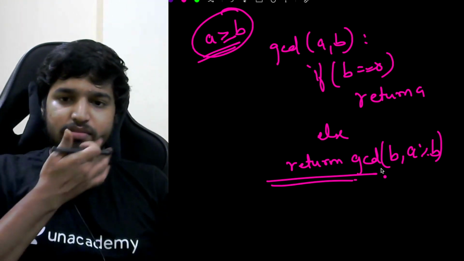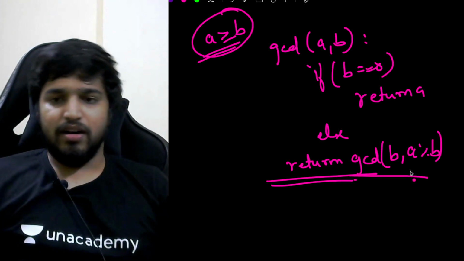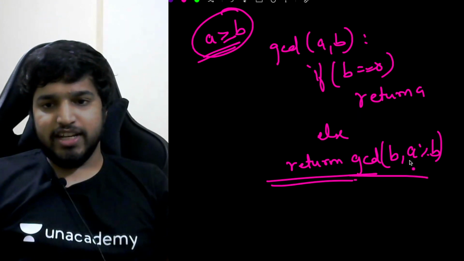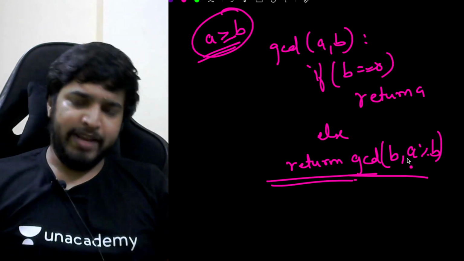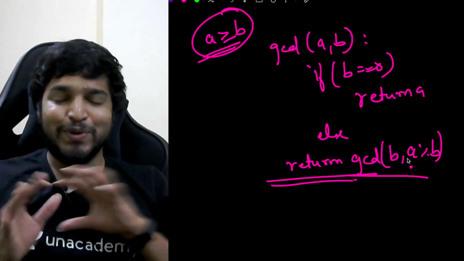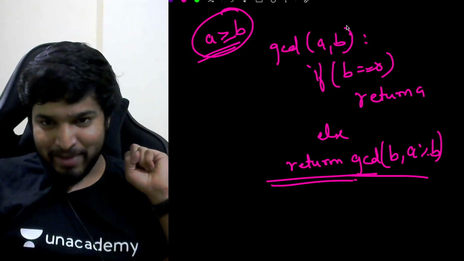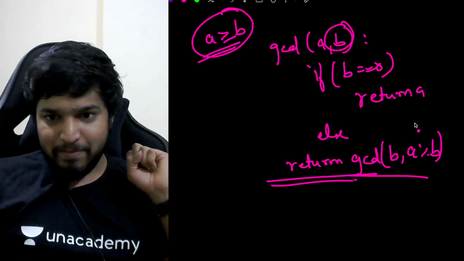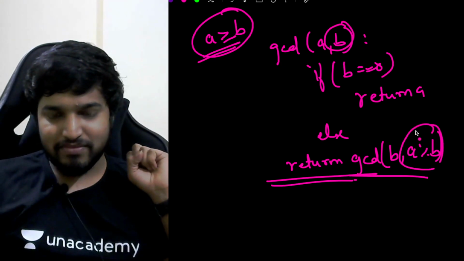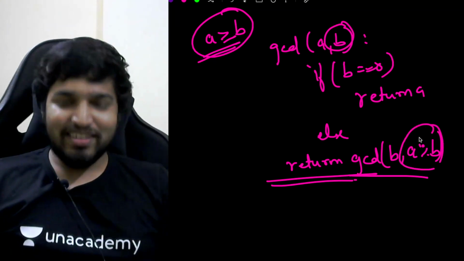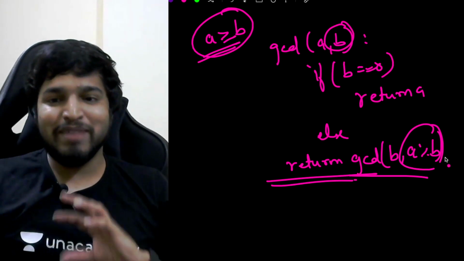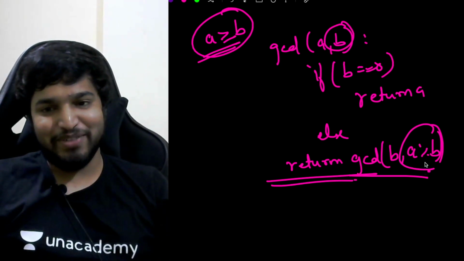Now, GCD of B comma A modulo B. How do you know that this program terminates? Like, how do you know this won't go into an infinite loop? Let's see. Look at the second parameter, B. Now, B is being replaced by A modulo B. We know that the remainder with B is always going to be less than B. That's how remainder is defined.